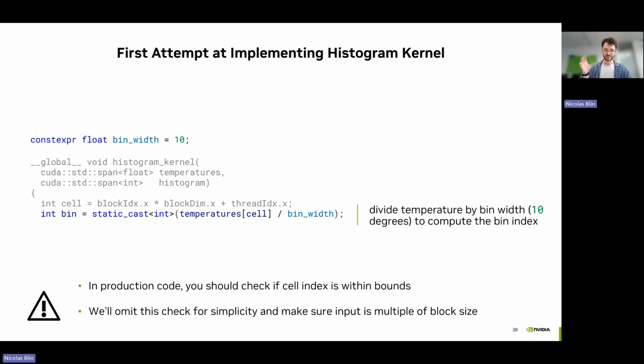We do that to, again, find the correct bin index in which we are going to add 1 based on our value of temperature. In a production environment, you'd also want to ensure that this memory access is within bounds. But for simplicity in the slide, we'll skip the boundary check and just say that the problem size is indeed a multiple of the block size.